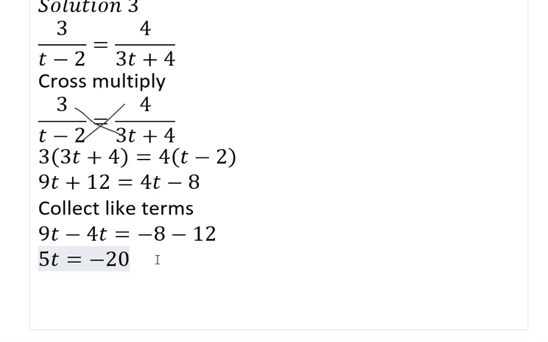So now, to get the value of our t, all we need to do is to divide both sides by 5. Because don't forget, we have done this in change of subject formula. I told you that we'll be coming across some of this topic in different topics as well. So in change of subject formula, we've been able to iron out that our subject should stand alone. So what is disturbing t now is 5.